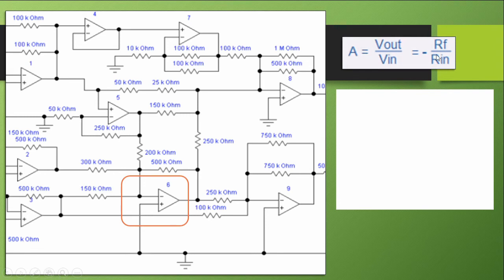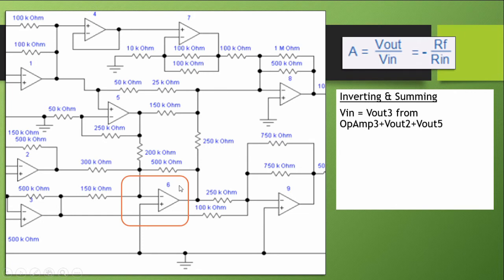The gain for an inverting amplifier is negative RF over Rn. So what is our RF? Our Rn is coming from op amp 3, 150K. We can consider this a summing amplifier and also inverting.